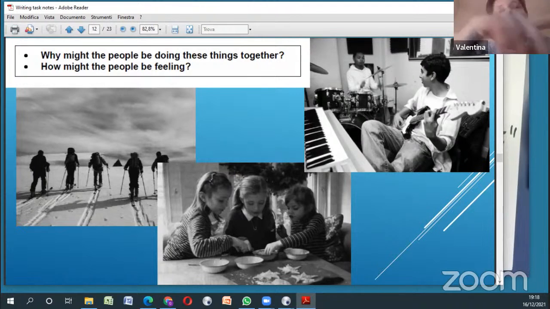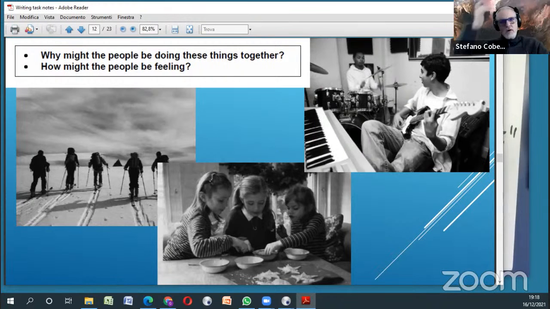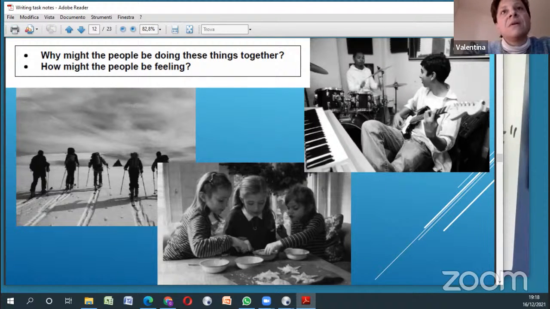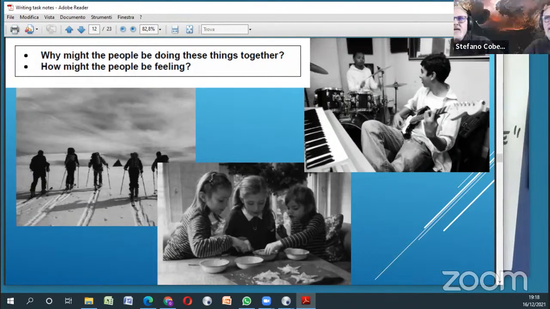So I would think about drum, guitar, and piano, and all the stuff. And the 3 little girls that are cooking, because I like it more. So maybe I would choose these 2. Okay, again, just remember, you only have a short amount of time, and you need to answer the questions. Okay, so that's the key thing.